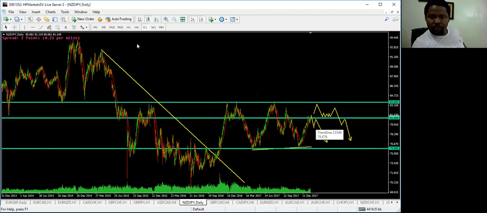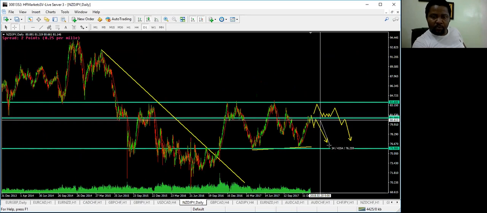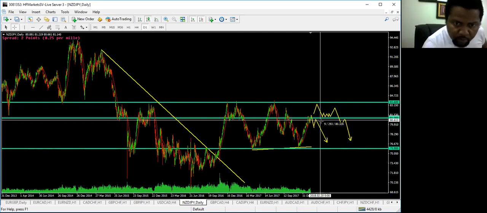If this movement should start coming down from this point, we are looking at nothing less than 440 pips at least. If this movement should continue from 81.00 down to 75.90, we are looking at nothing less than 440 pips.